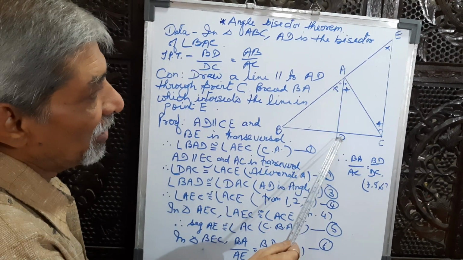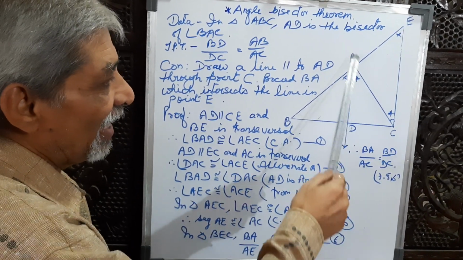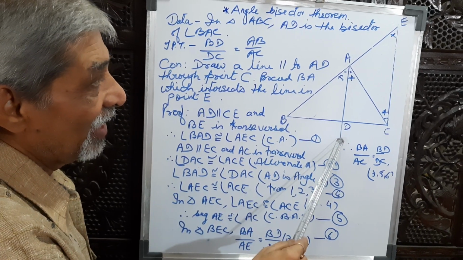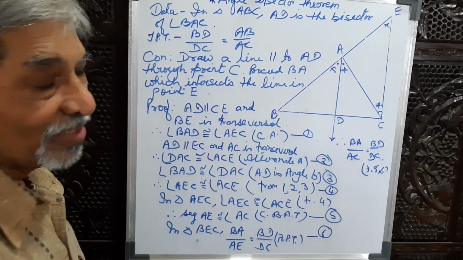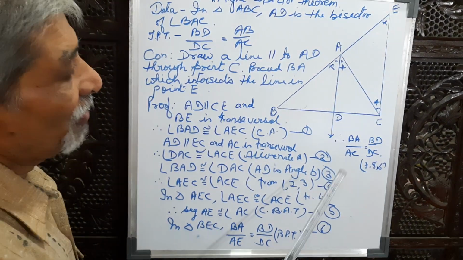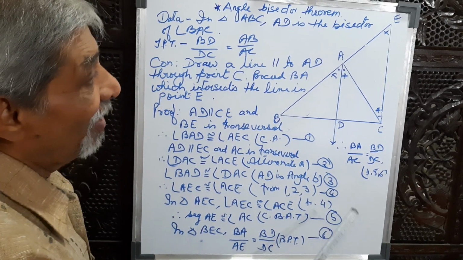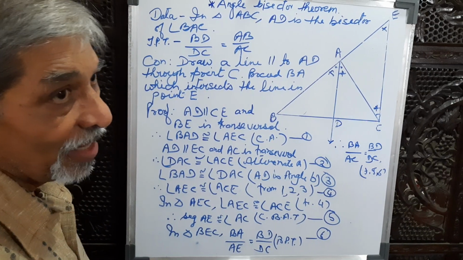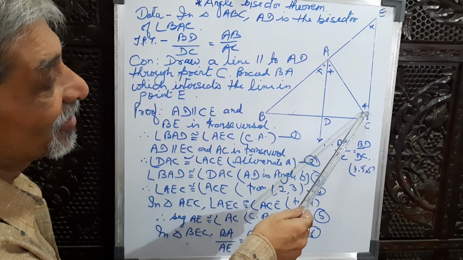Likewise, AD is parallel to EC and AC is the transversal. Therefore, angle BAC is congruent to angle ACE, the reason being alternate angles.